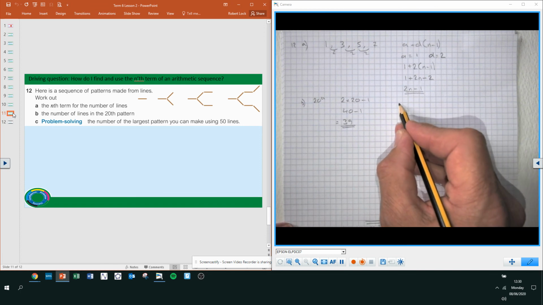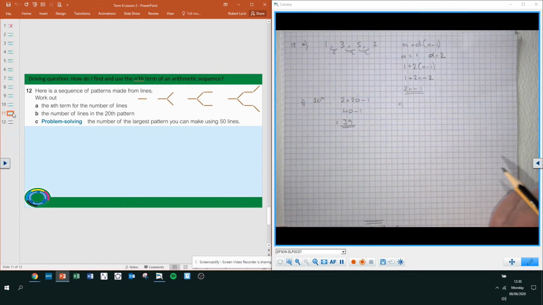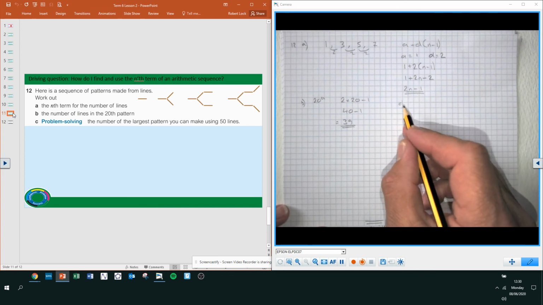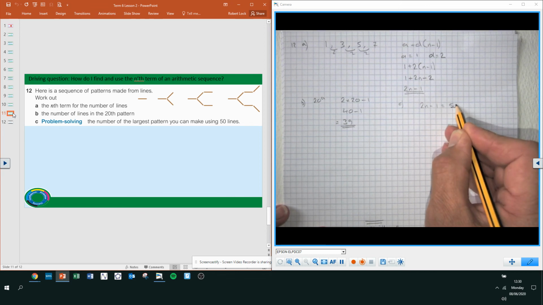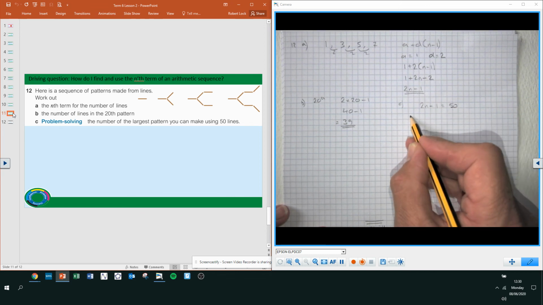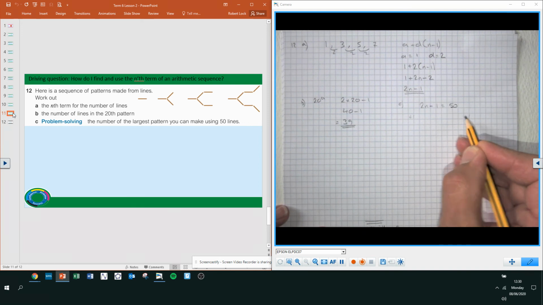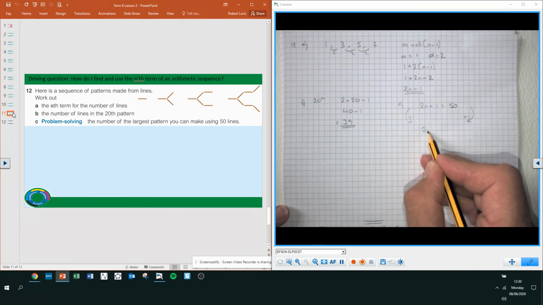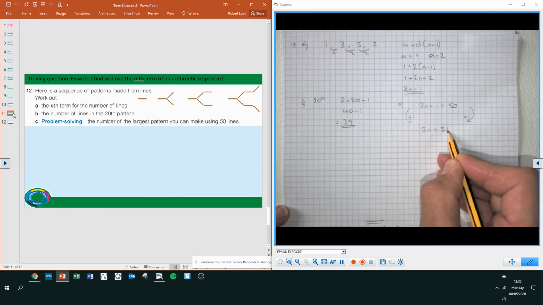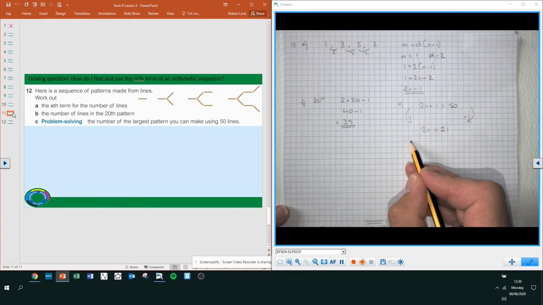C. Then the largest pattern you can make with 50 lines. So 2n minus 1 equals 50. Adding 1 to both sides, get rid of the minus 1 there, is 2n equals 51. Divide by 2 both sides.